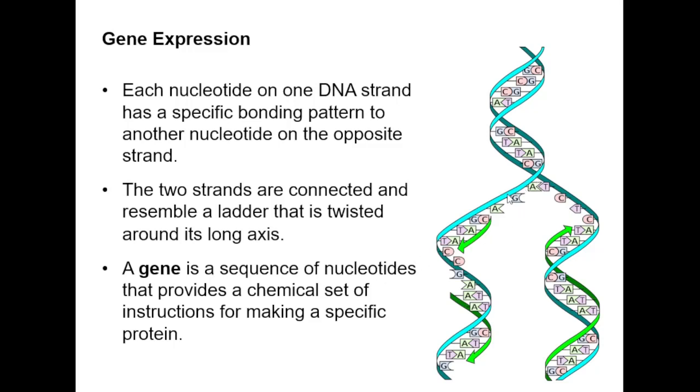So basically, when you separate the double helix and you get two single strands, that is already a gene since it is a sequence or a series of nucleotides. So the gene is where we get the instructions for the protein. And later on, you will understand how it happens.